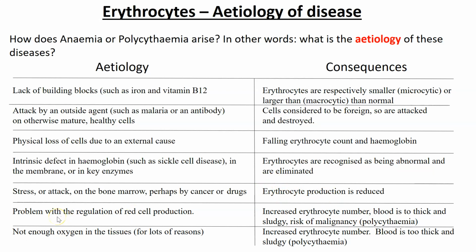So, a problem with the regulation of red blood cell production. Again, this refers to the intrinsic defect. It could be an intrinsic defect, not so much to cause a decline, but to increase the number. There are many processes which have negative feedback loops.